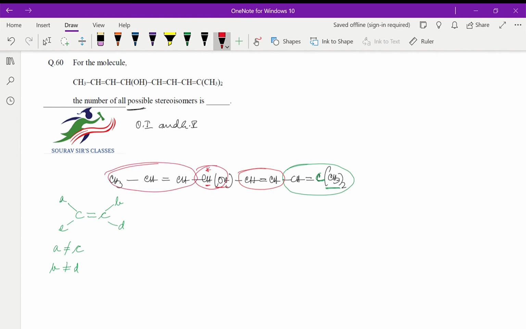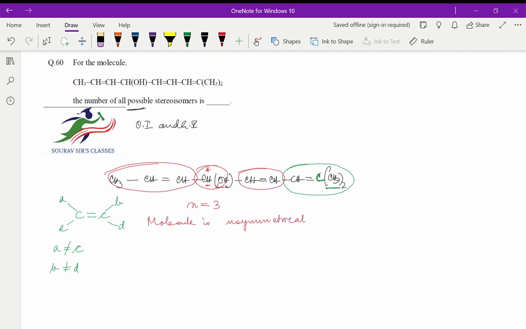So there are three stereogenic centers, and the molecule is unsymmetrical.